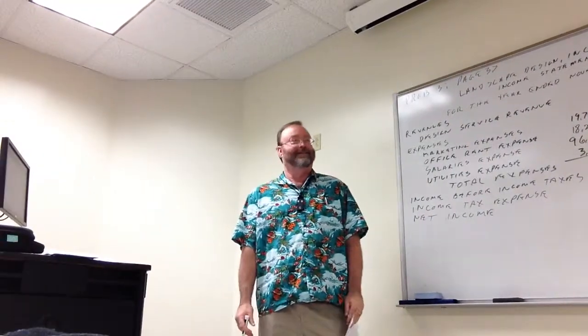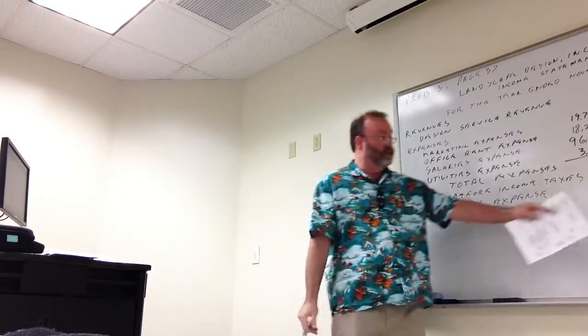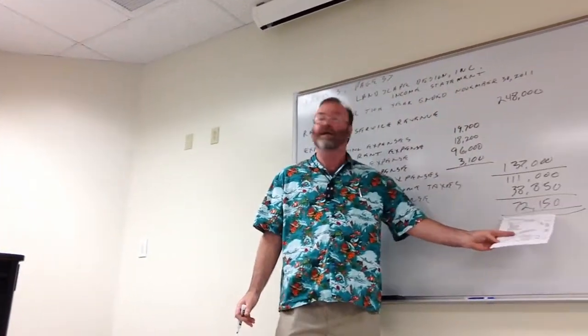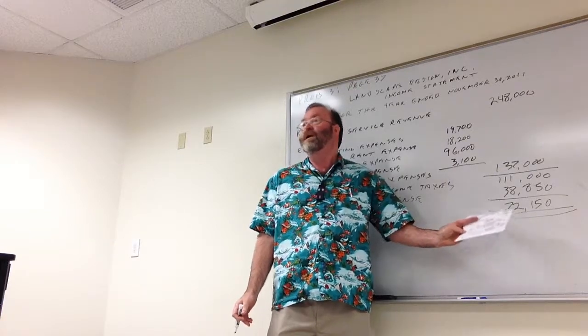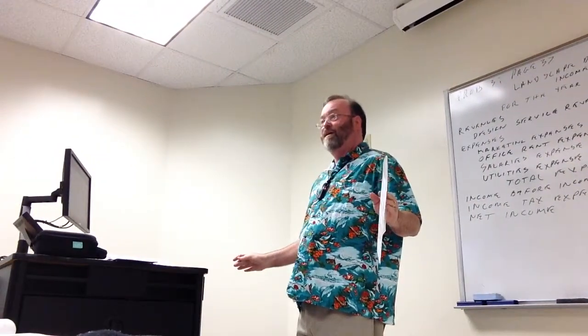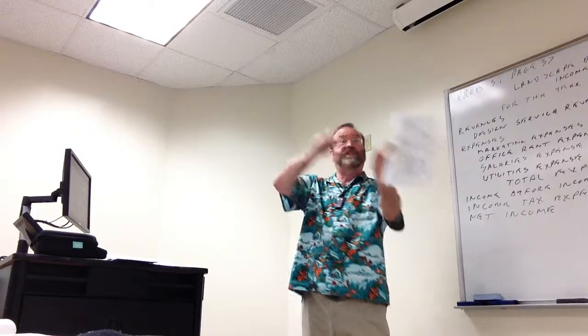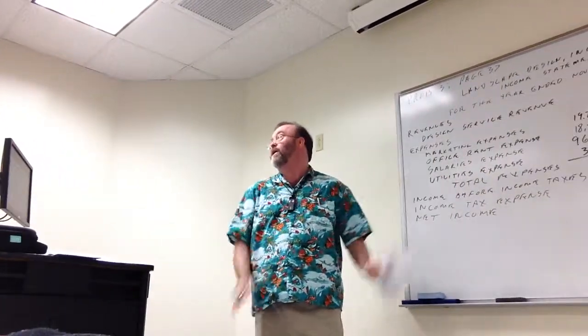Right? Now, the second thing you'll notice is I put a double underline underneath the net income number. That tells the readers of the financial statement that the financial statement is ended. It doesn't continue on the next page. That's the last line that we're presenting. All right?